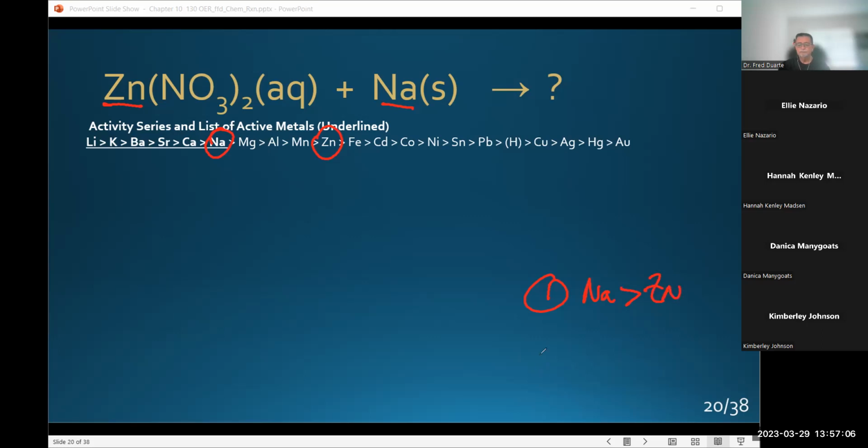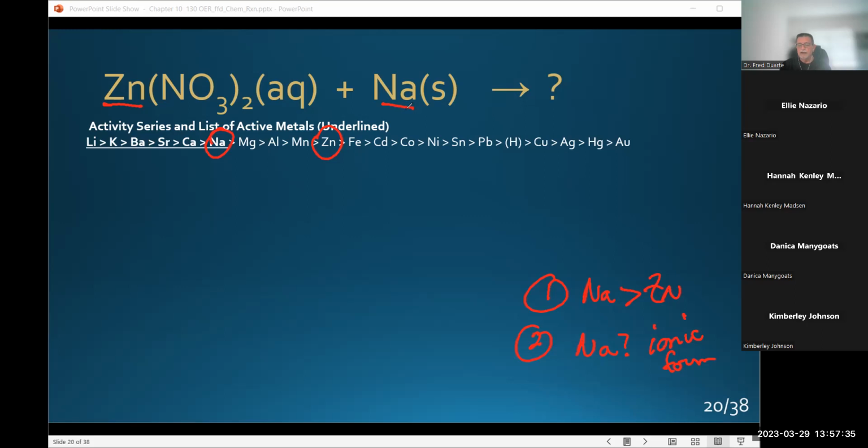Okay. Now, that being said, is sodium in ionic form? Okay. Is it an ionic compound? Well, it's not. The reaction shows that it is in elemental form.